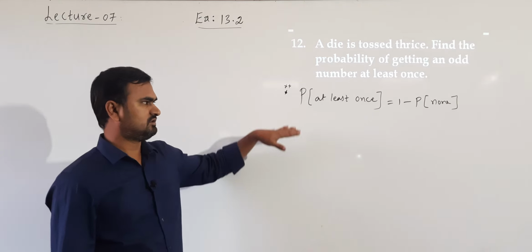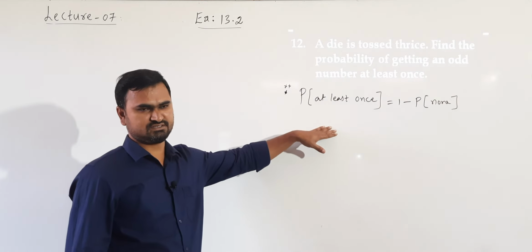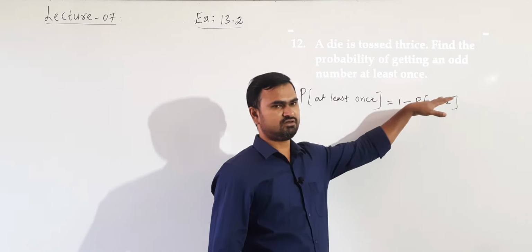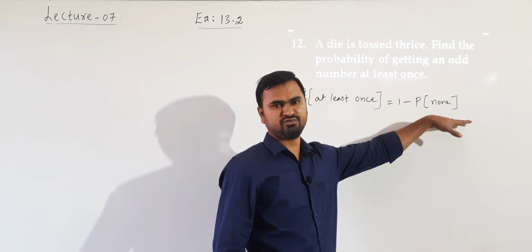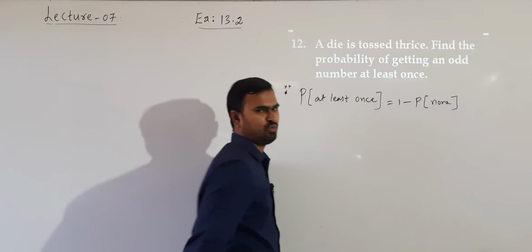So using this formula we can solve the answer easily here. So at least one means I can write 1 minus none. Here none means you can consider only one event.